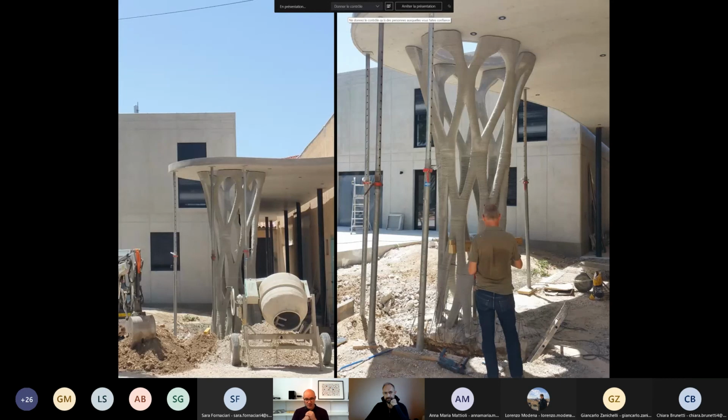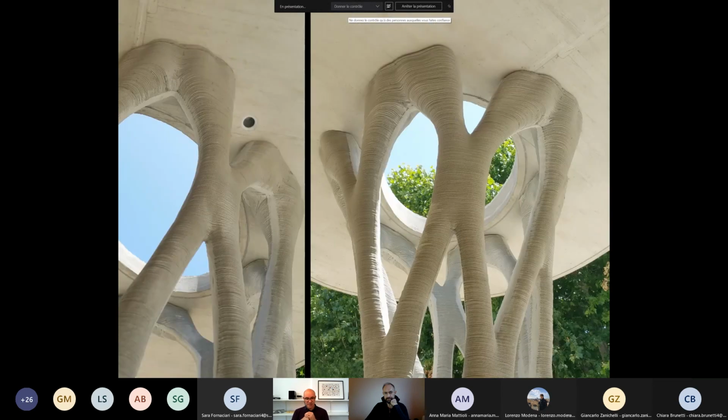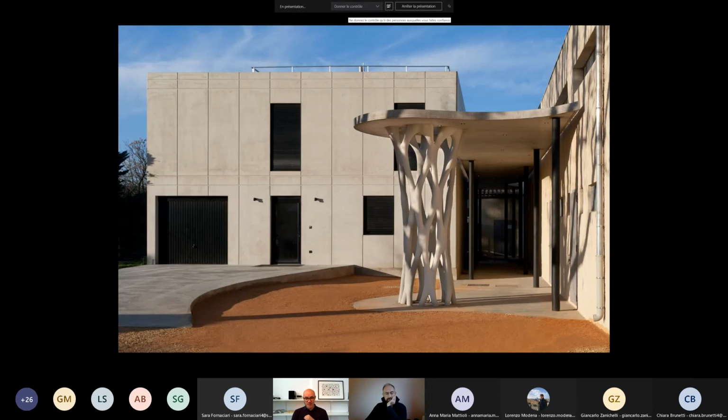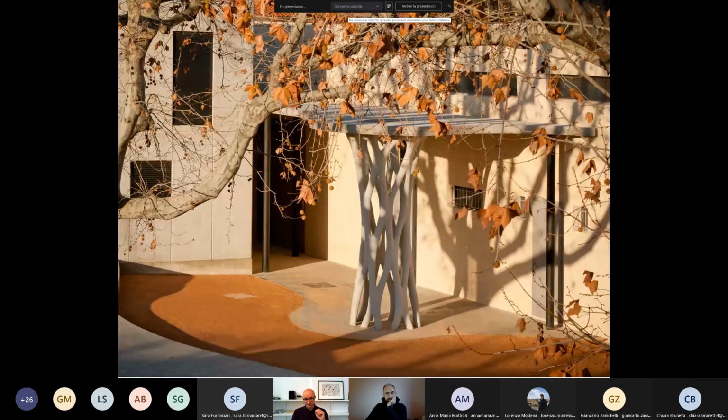Here you see Marc, our partner from the south of France, on the construction site. Here are some pictures I took myself on the construction site. So this was all 3D printed in concrete, and then it was finished with some sort of, it's not a polishing, it's additional concrete finishing.